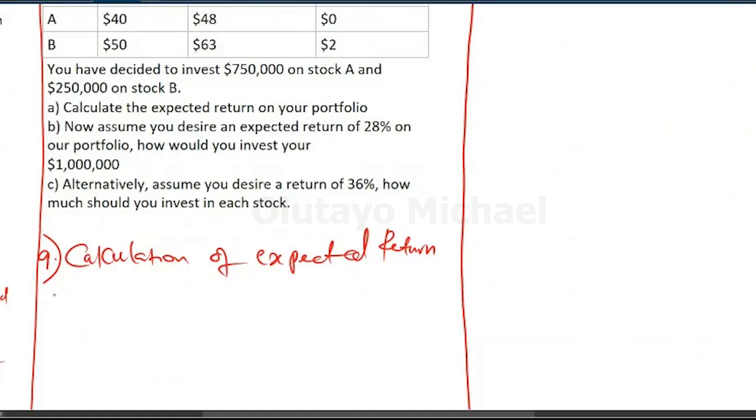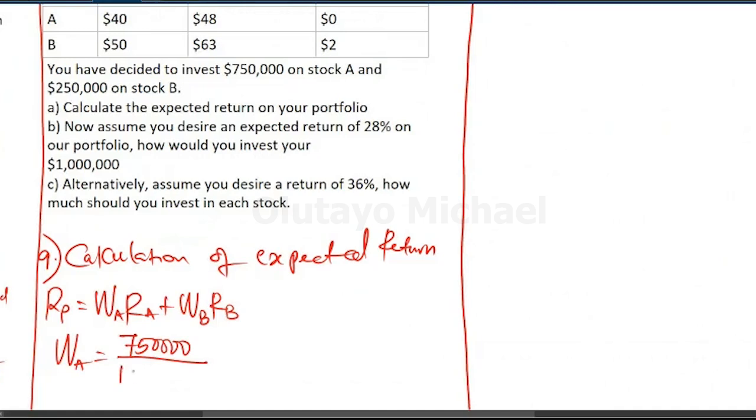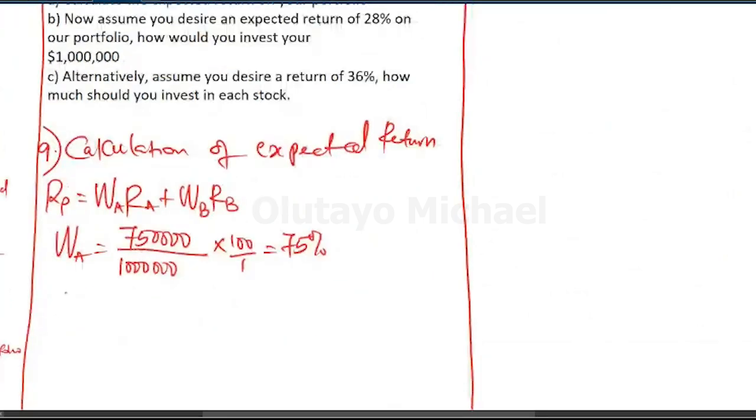The expected return of the portfolio is RP equals weight of A times the return of A plus the weight of B times the return of B. The weight of A is the percentage invested in A, which is 750,000 divided by the total amount, 1 million, times 100 over 1, which gives 75%, while the weight of B equals 250,000 over 1 million times 100 over 1, and that is 25%.